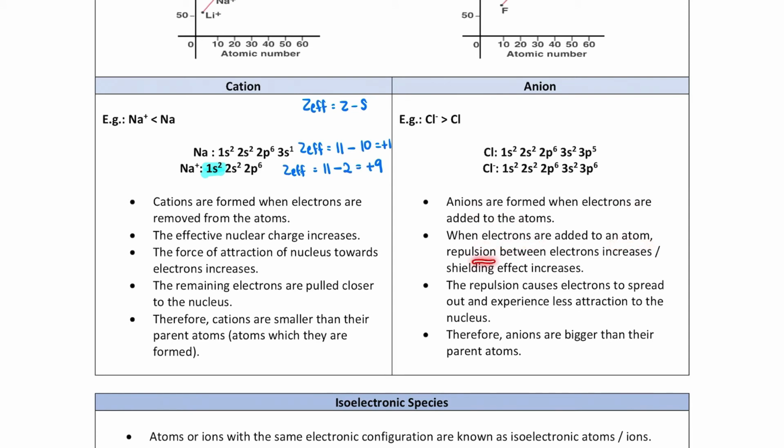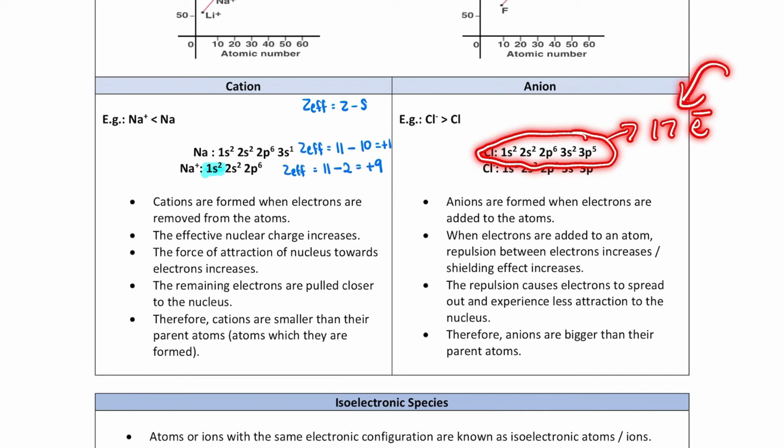When electrons are added to an atom, repulsion between electrons increases. Or if you don't want to say repulsion between electrons increases, you can say shielding effect increases. You can imagine electrons repel each other, they push each other away. In normal chlorine there are already many electrons, 17 electrons.